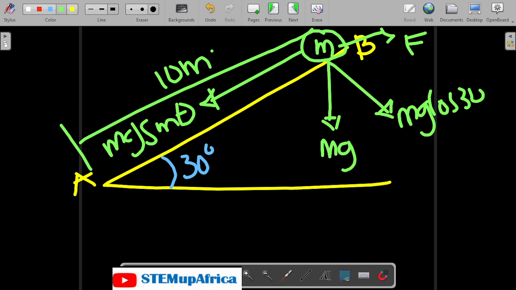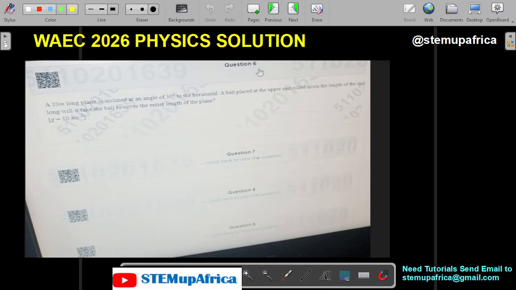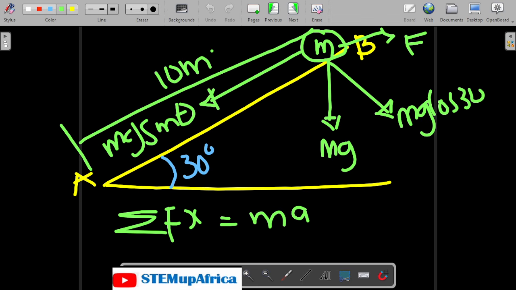According to Newton's principle in physics, summation Fx equals ma. What is the summation Fx? The sum of the forces acting along the plane. The frictional force is not given to us, so it's regarded as 0. So the sum of the forces is mg sine theta.